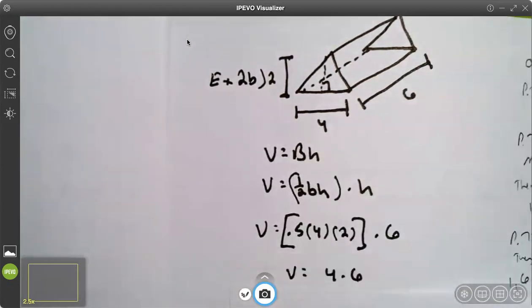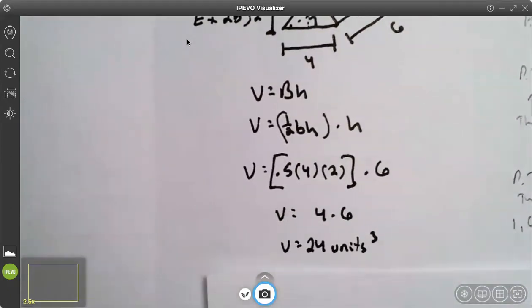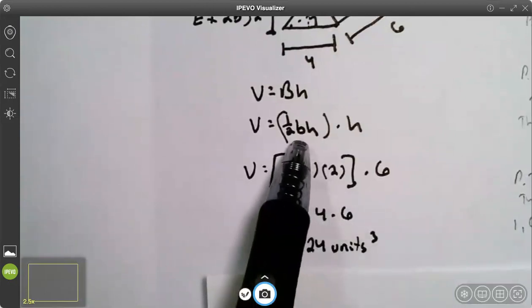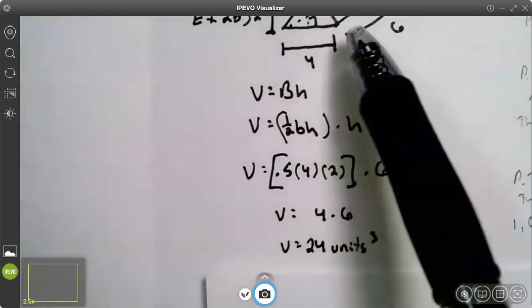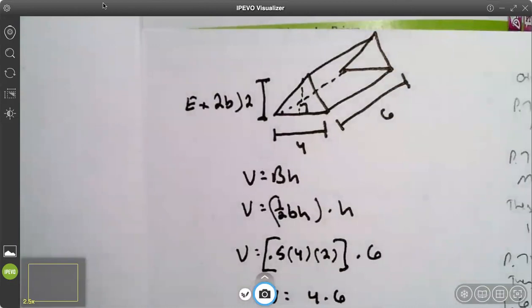Half of 4 is 2, 2 times 2 is 4. Then I multiply it by 6, which is the height or the depth of my prism, and I get my answer, which is 24 cubic units. Find the area of the triangular base using the area of a triangle formula, and multiply it by the height of the prism, which is the distance between the two triangular bases, in this case 6.